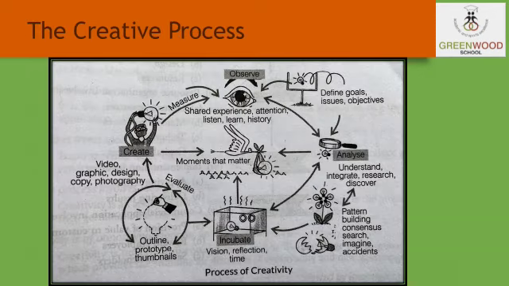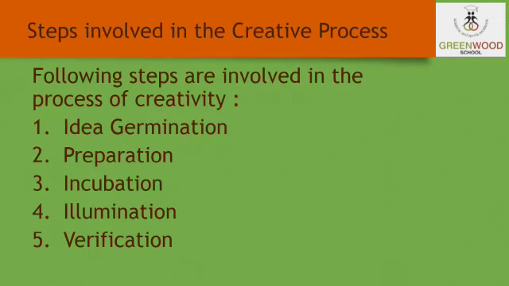The creative process. Creativity is important to entrepreneurs, and the process of creativity involves the given steps like idea generation, preparation, incubation, illumination, and verification. Let us discuss them in detail. Steps involved in the creative process.